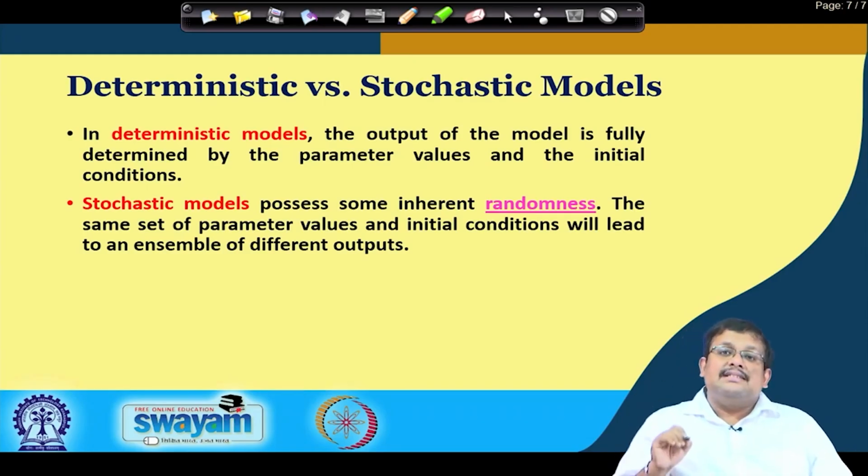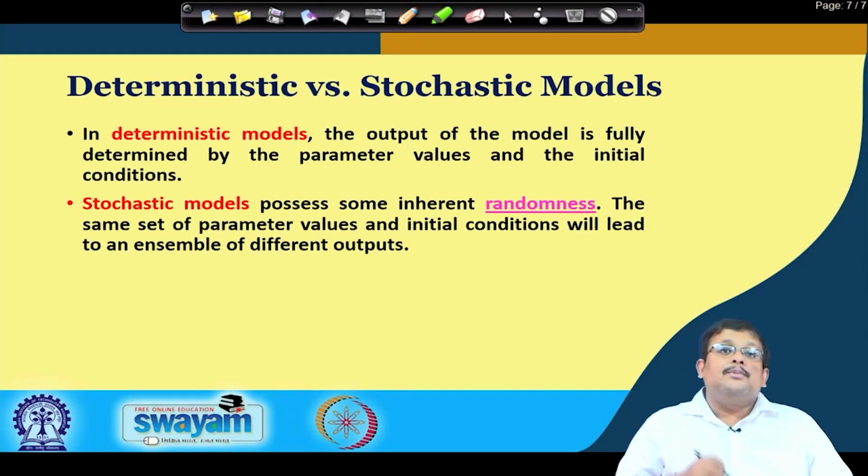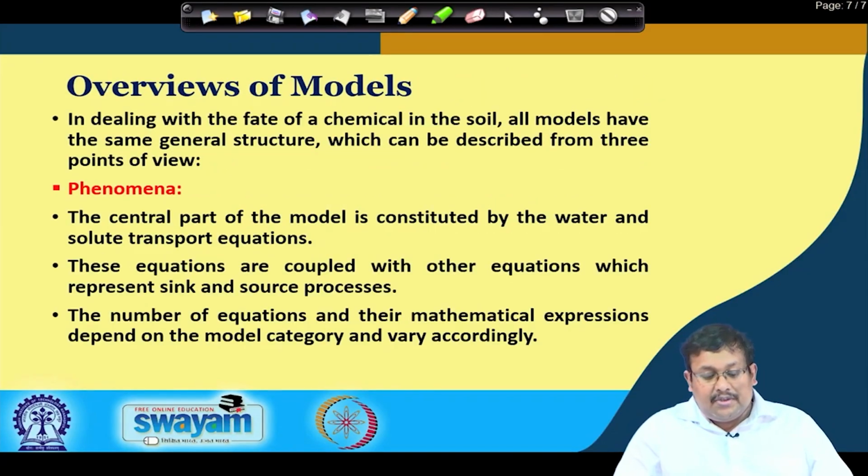So, randomness is the major criterion for a stochastic model. Remember that the same set of parameter values and initial condition will lead to an ensemble of different outputs. That is the characteristic of a stochastic model, it is random. Conceptually, this is the difference between a deterministic model and a stochastic model.